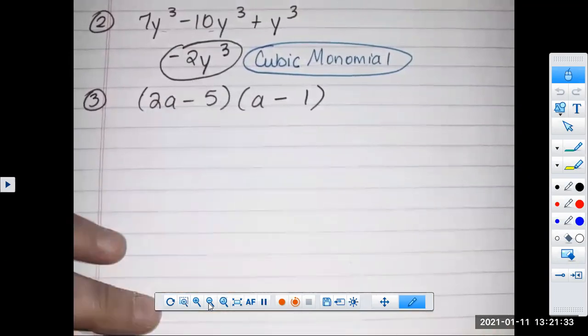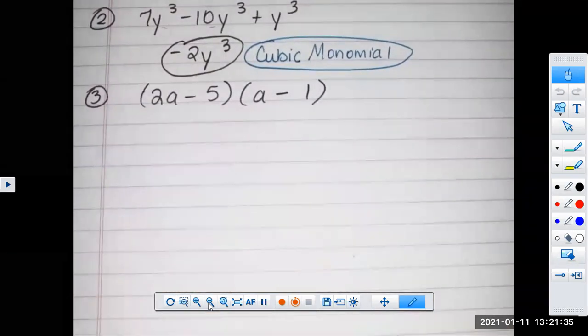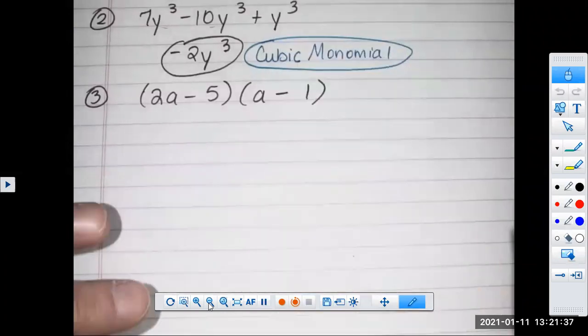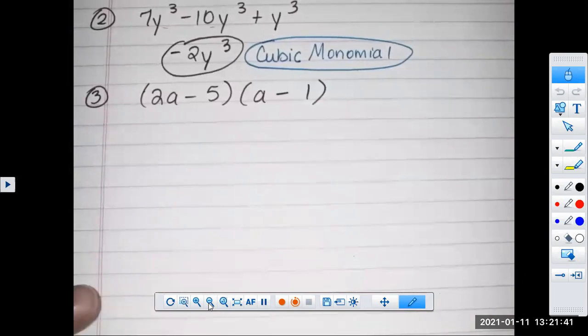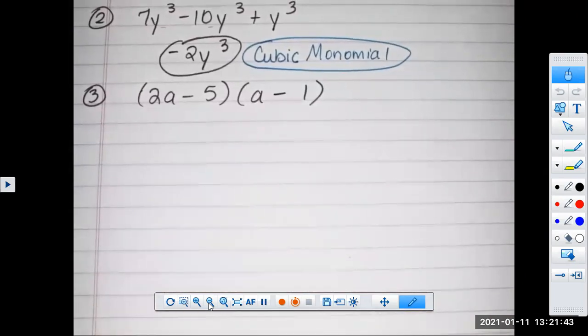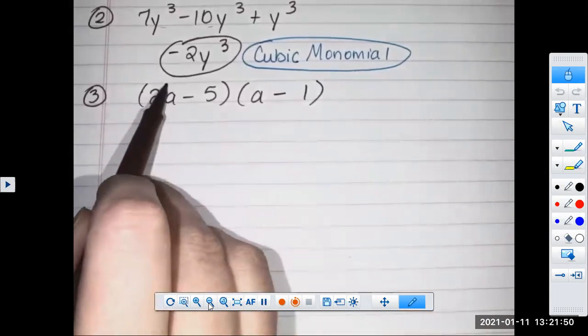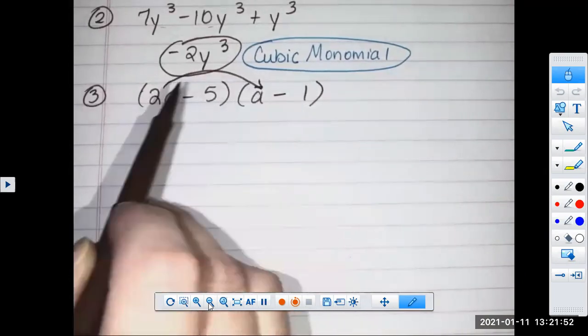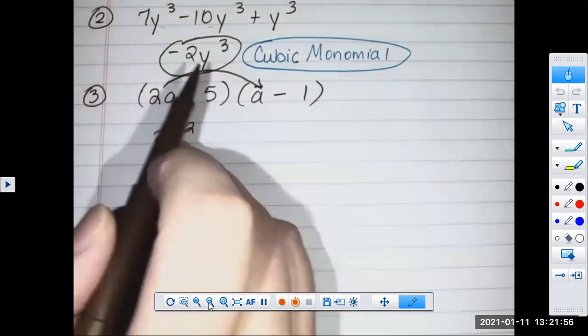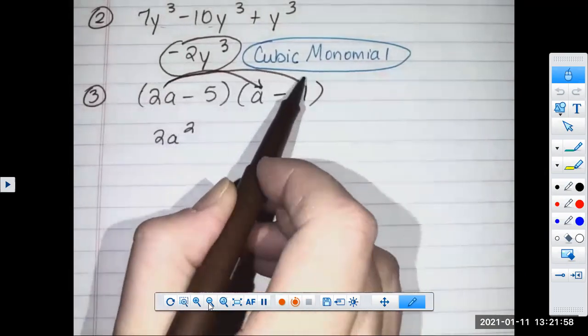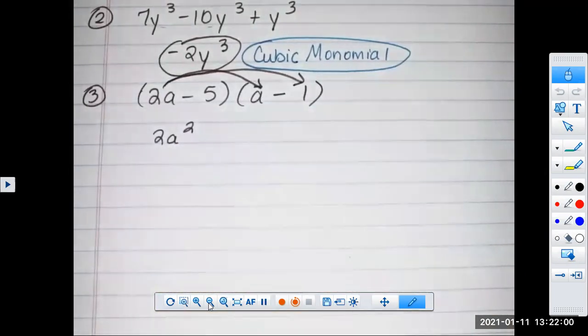Okay. All right, this is right. Okay, you're going to write this in standard form, but you first have to multiply these together before you can even figure out what your polynomial should look like. So you have to distribute or do the FOIL. Make sure you multiply 2a to both a and negative 1.